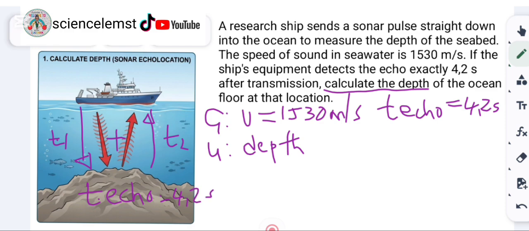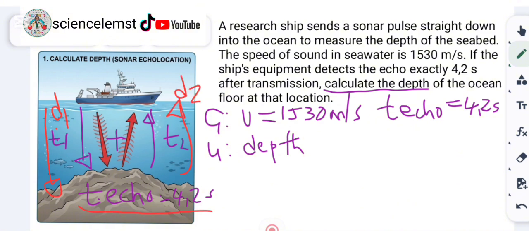Now, the question is asking for the depth. The depth simply meaning how deep it is. So, the sound traveled from the boat to go down. The distance that the sound traveled, that's distance 1. So the time they gave me, the time of the echo, it's actually the time when the sound traveled going down, distance 1, and then the sound came back, distance 2.